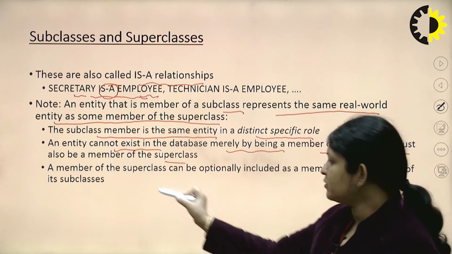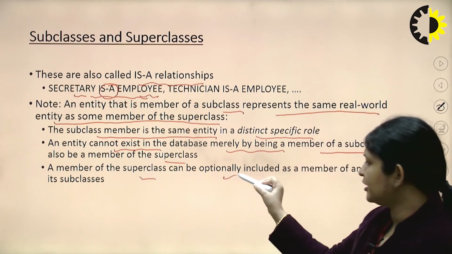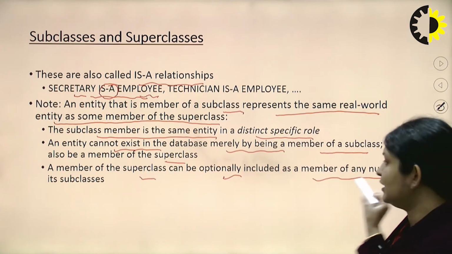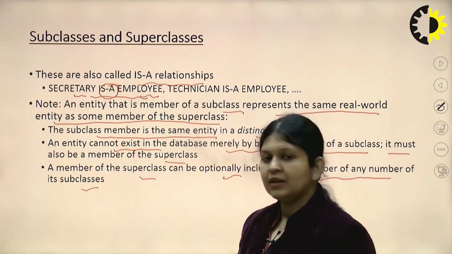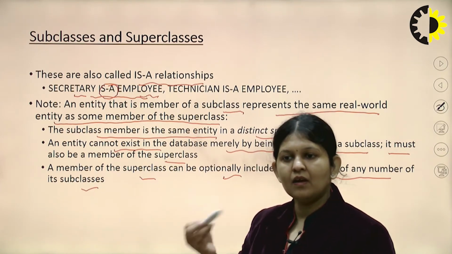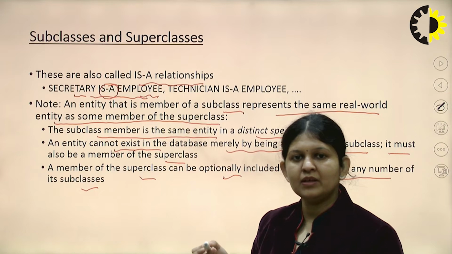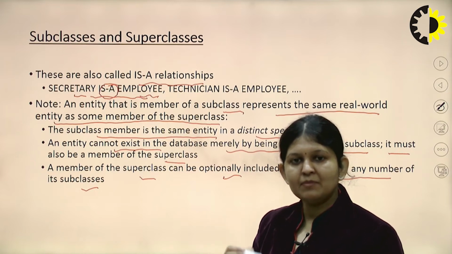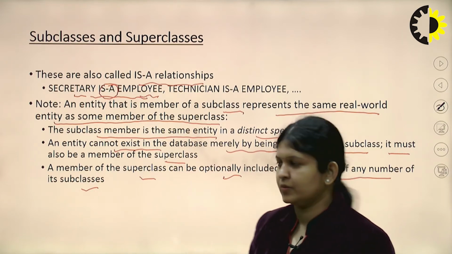A member of the superclass can be optionally included as a member of any number of its subclasses. It's not necessary that all the members of the superclass would be in its subclass. They may be in different subclasses also.